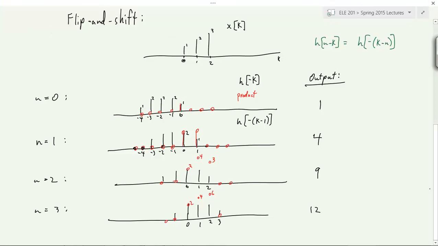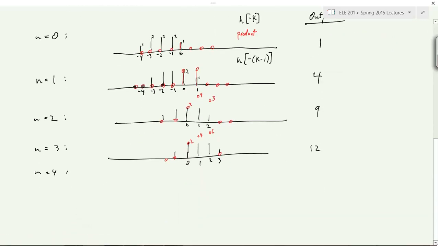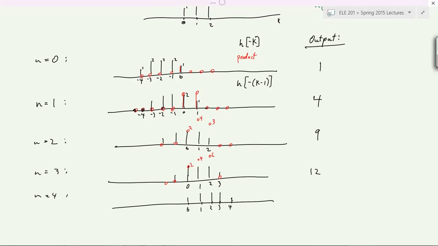All right, now it's going to start going away once we do n equals 4, shift by 4. Okay, and the overlap, we can't see our function anymore up there. So we get a 1, and then we get a 2 times, we get a 4.